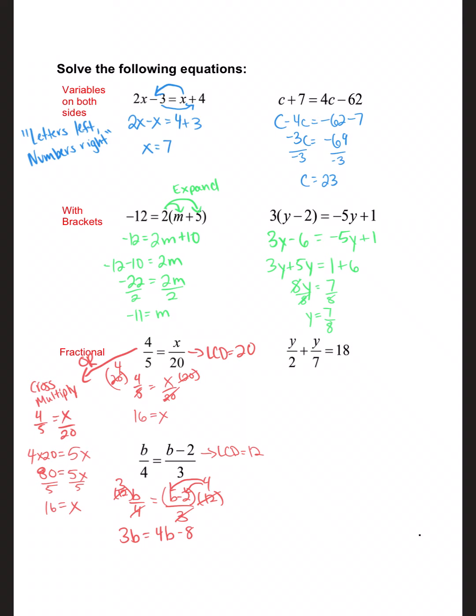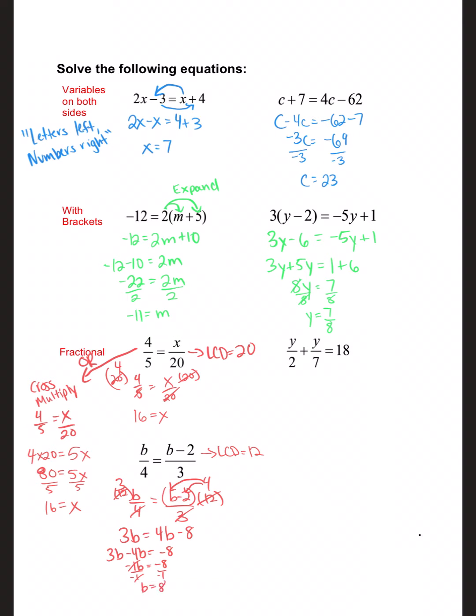Okay, I'm going to get all my letters on the left and all my numbers on the right. So I'm going to move that 4b over by subtracting it. So 3b minus 4b is a negative 1b equals negative 8. And then we got to get rid of that negative 1. So we're just going to divide both sides by negative 1. And you should be left with b equals 8.